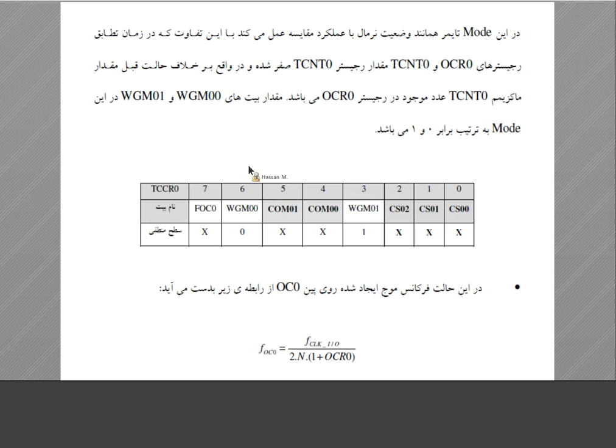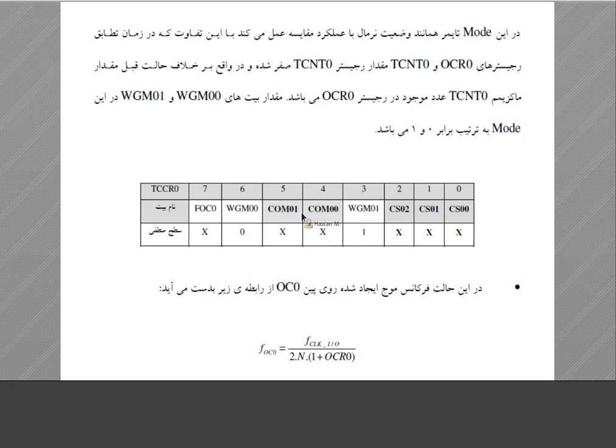These two bits, bit 3 and bit 6, are the wave generation modes. 0, 1 means CTC mode. These 3 bits are for clock cycle speed. 0 means the timer is stopped. 1 means the clock cycle itself. 2 means clock cycle divided by 8. 3 means clock cycle divided by 64, etc.